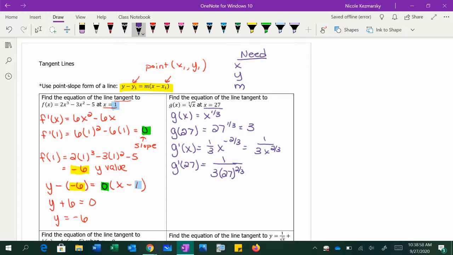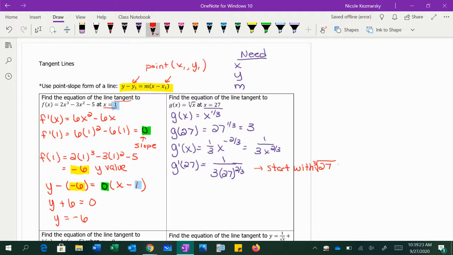When you evaluate fraction exponents like this, I like to start with the root first, so the bottom number. So I'm going to say, let me write it over here in red, start with 27 under a cube root first.